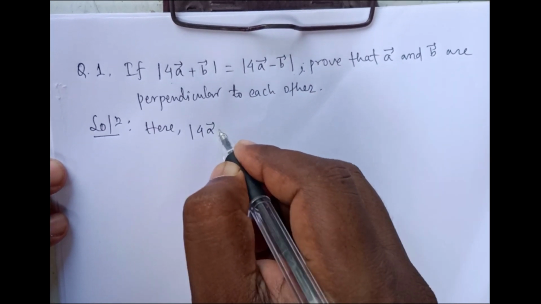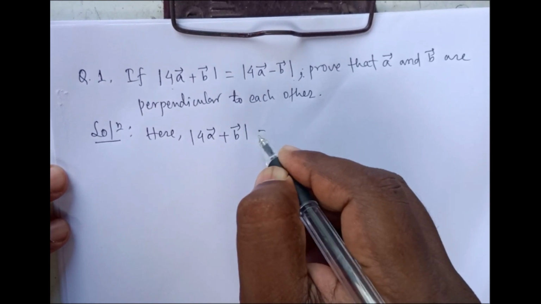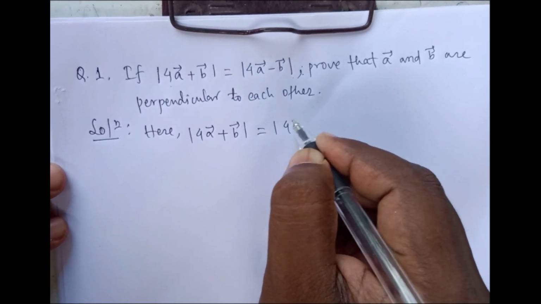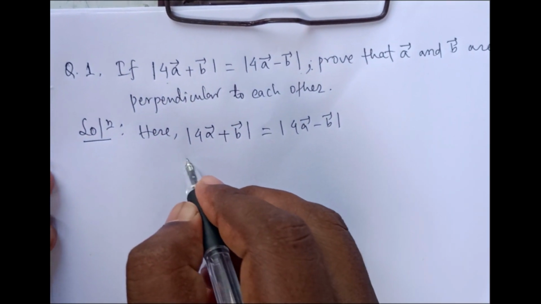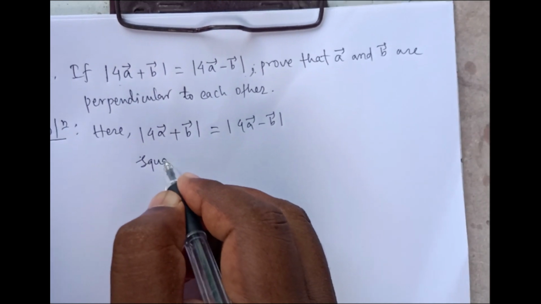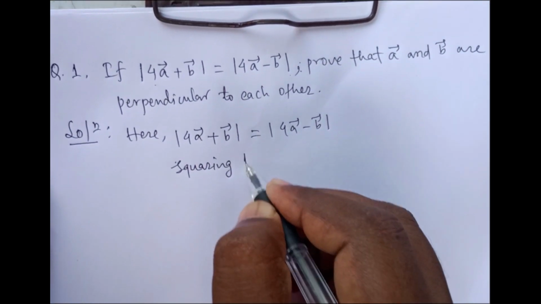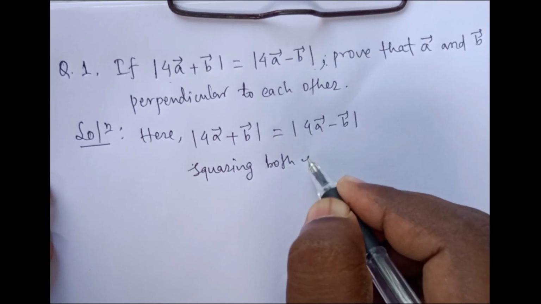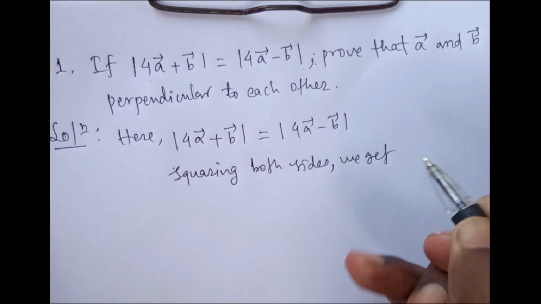We have |4a + b| = |4a − b|. Now here we have to square on both sides. Squaring both sides, we get |4a + b|² = |4a − b|².